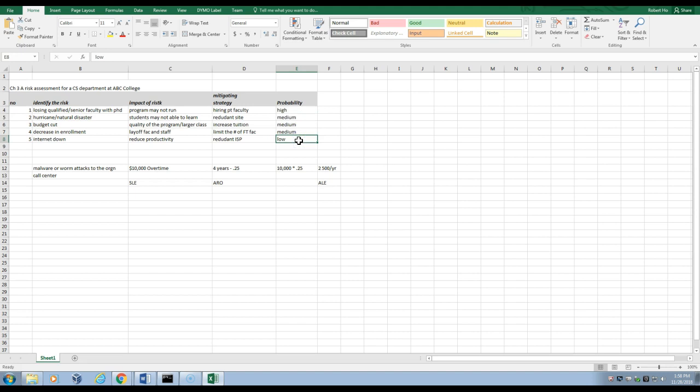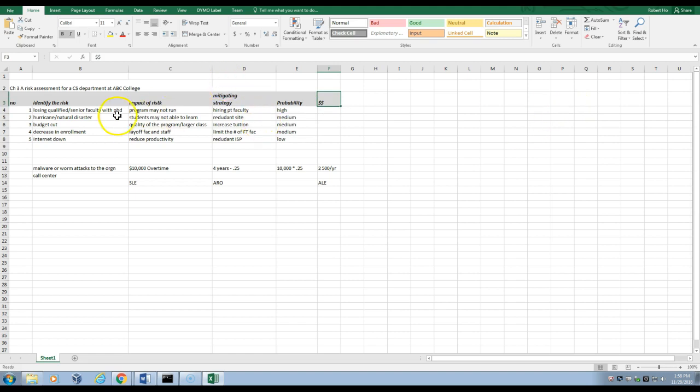Here perhaps you can put the dollar amount if you want to, but in this case I will not put a dollar sign. However, if your organization requires a value amount, perhaps you can put a number there.